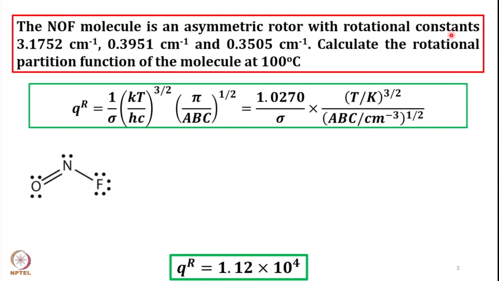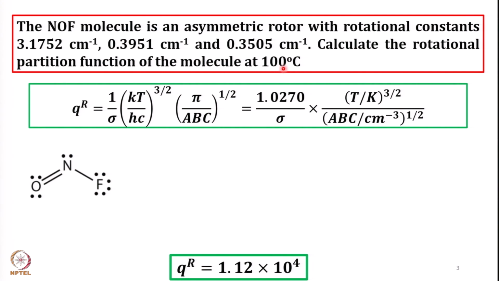With rotational constants 3.1752 centimeter inverse, 0.3951 centimeter inverse and 0.3505 centimeter inverse. So, basically these are A, B and C. And we have been asked to calculate the rotational partition function of the molecule at 100 degrees Celsius.